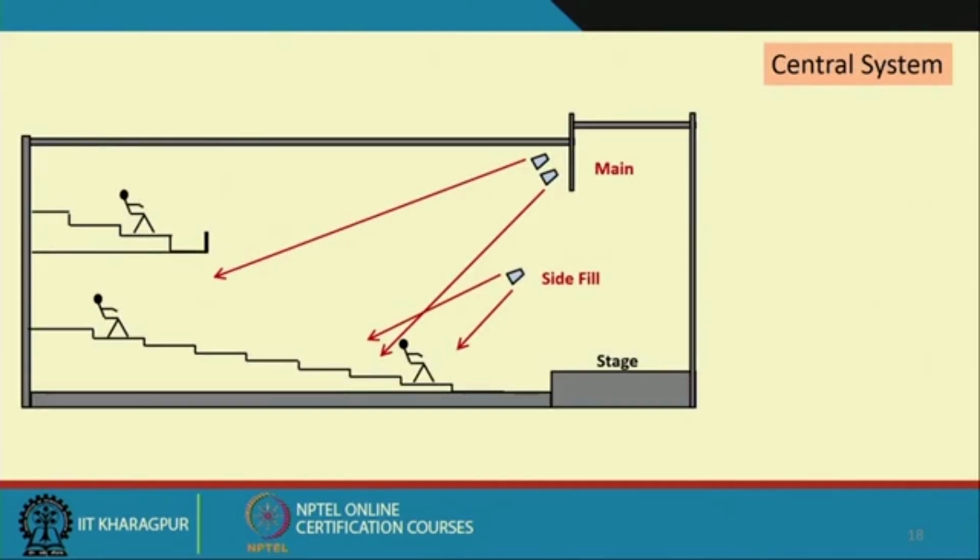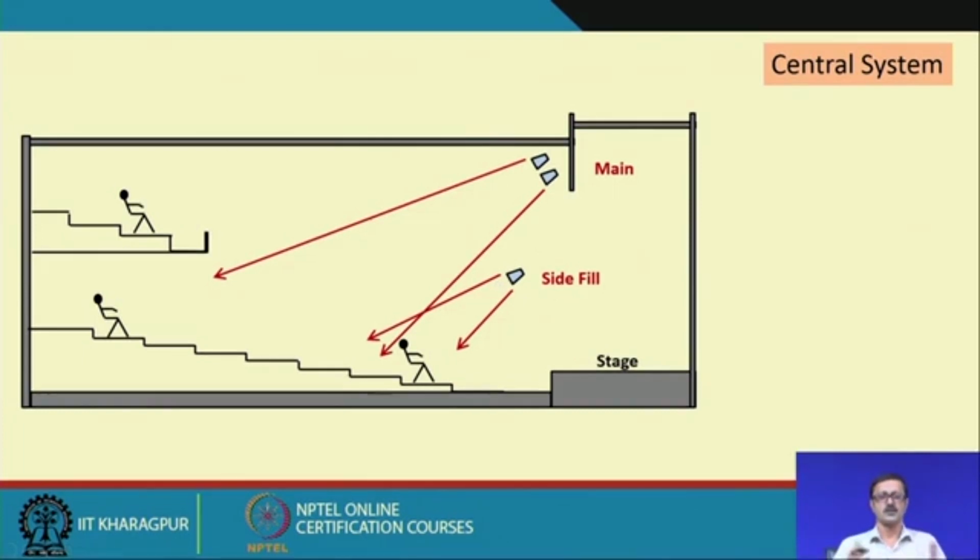The main cluster is definitely the important one, because this is the actual backbone, the fundamental need of a central system, but you require some kind of a side fill. Why side fill?